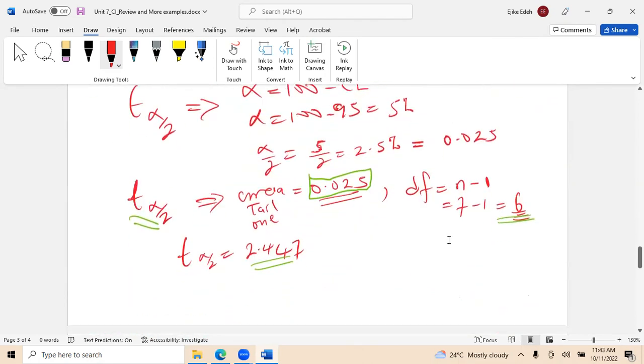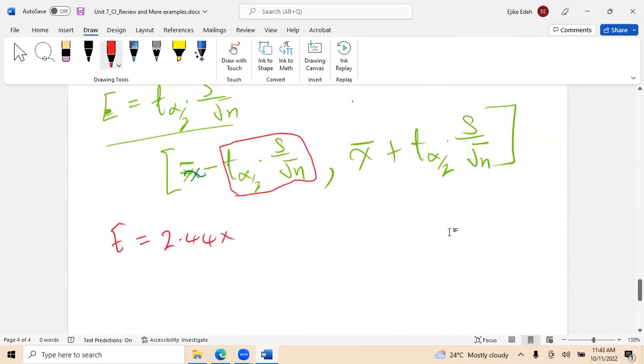Plug that in: 6.210, divided by the square root of n, and we know n is 7.